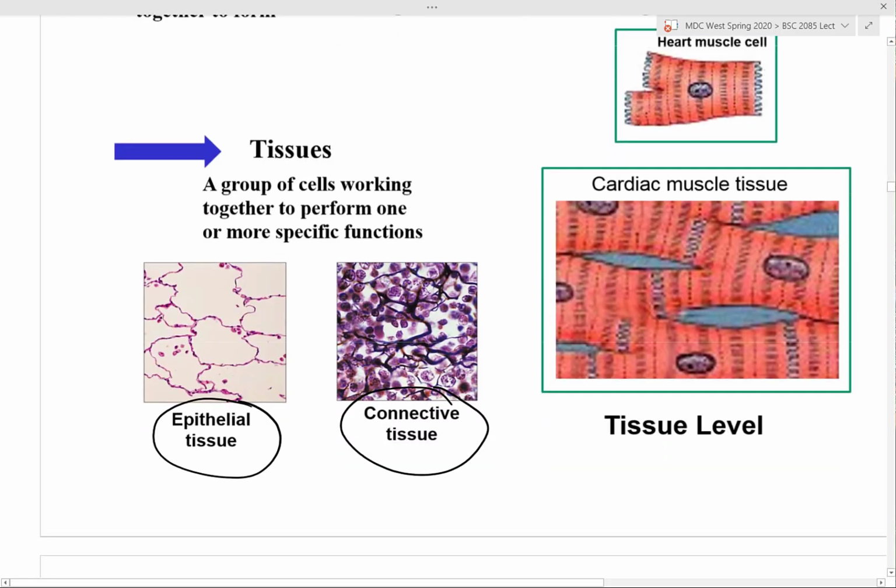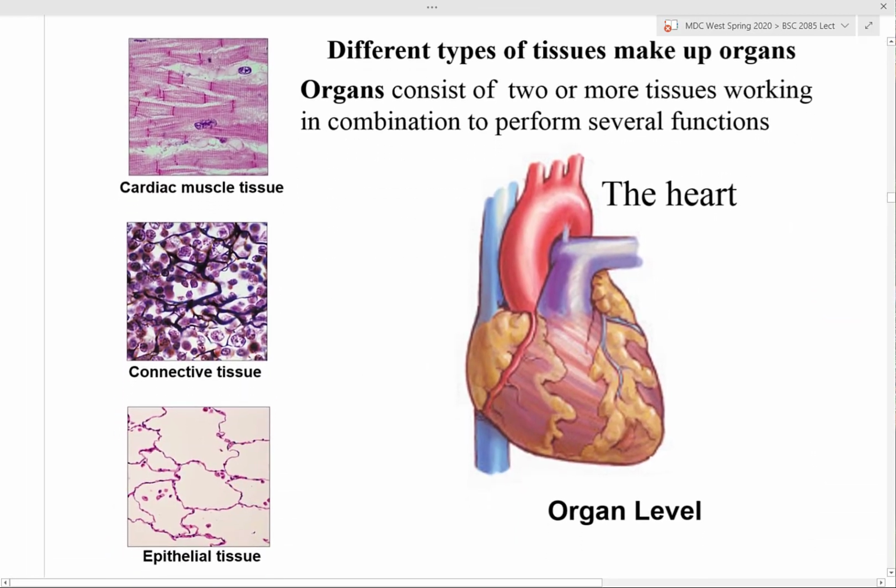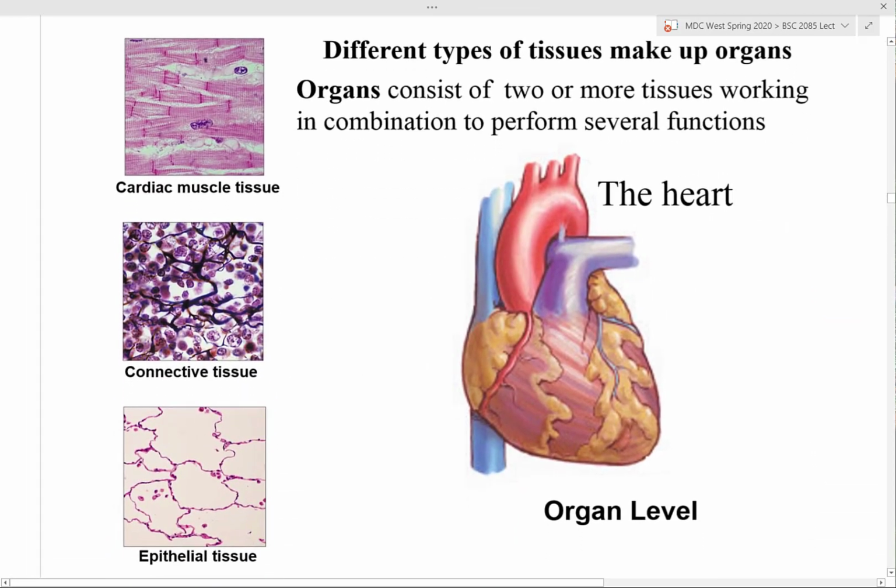You have the cardiac muscle, and here you can appreciate the intercalated discs, okay? So anytime you see wavy things like that in an image or a microscopic slide, whether it's me as a lab professor or somebody else, that is cardiac muscle, okay? So cardiac tissue, connective tissue, epithelial tissue.